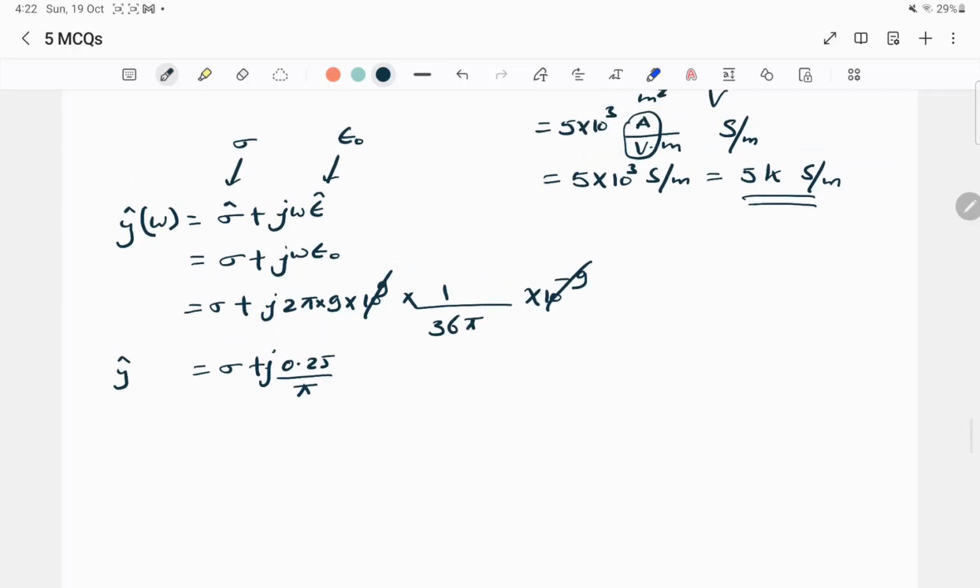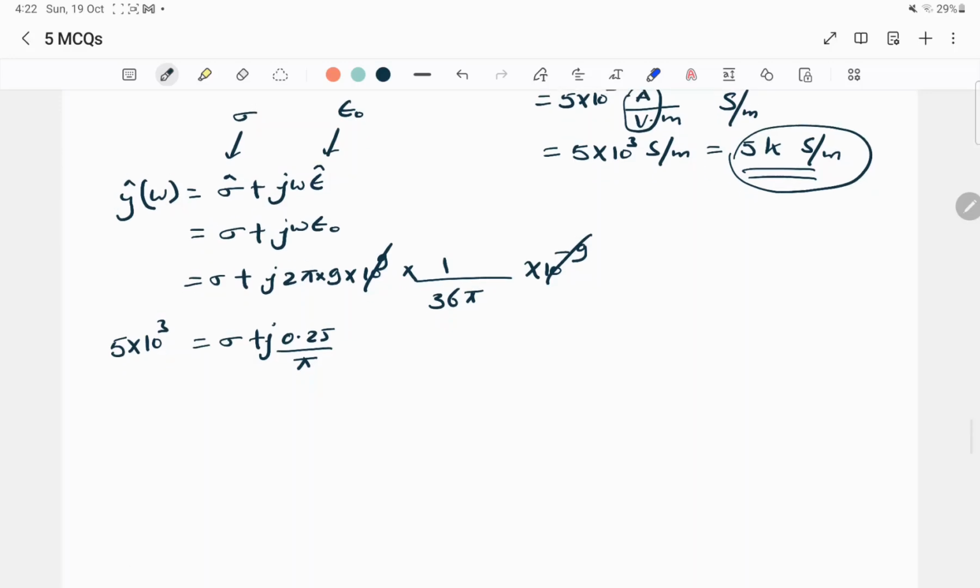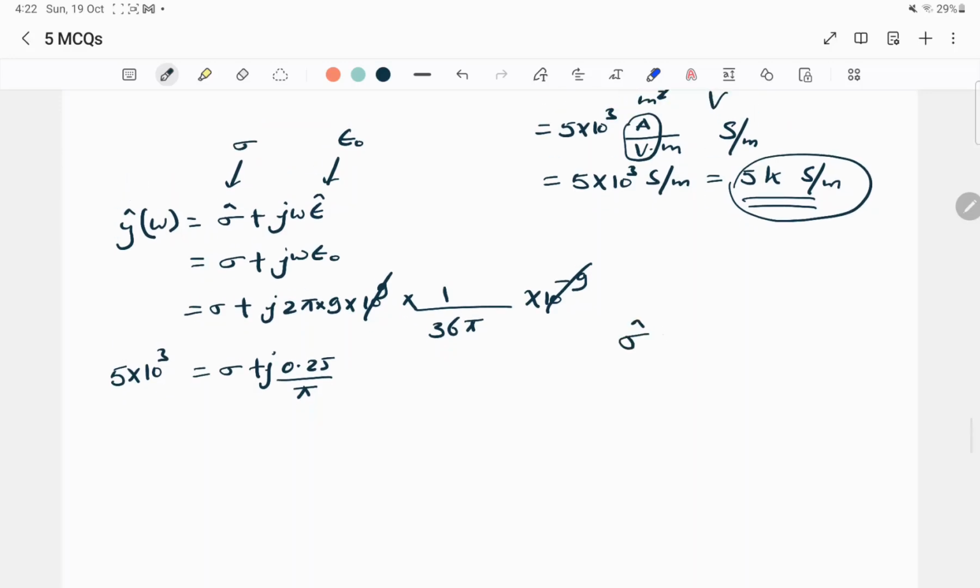Okay, so this y cap you have found here, so you can replace it here. You can just write 5 into 10 to the power 3. Now we know that sigma cap was a function of omega, but for a non-magnetic metal this sigma cap becomes sigma. Therefore, initially when sigma cap was sigma plus j omega sigma 1 minus omega square sigma 2, all these terms are not present here; they are neglected for non-magnetic metal.